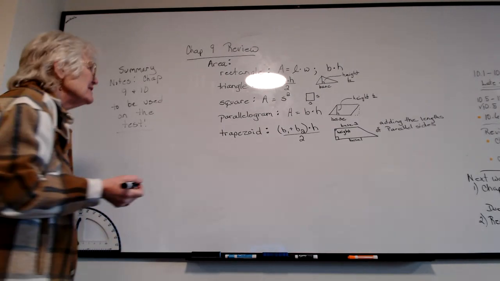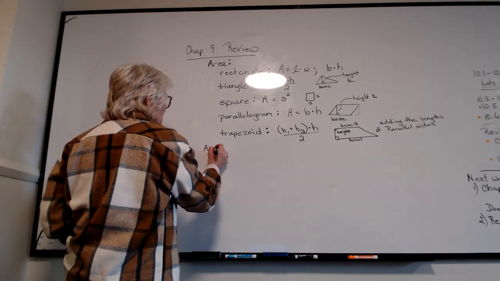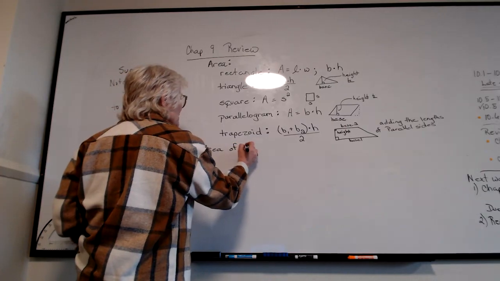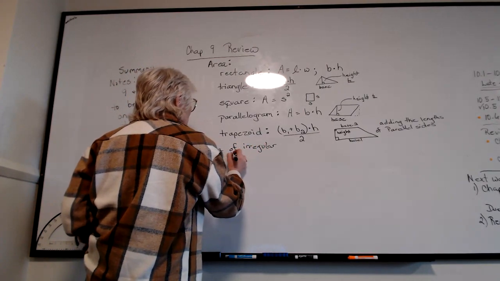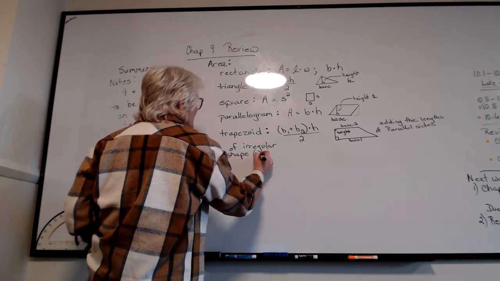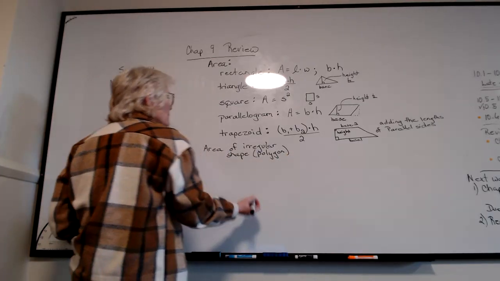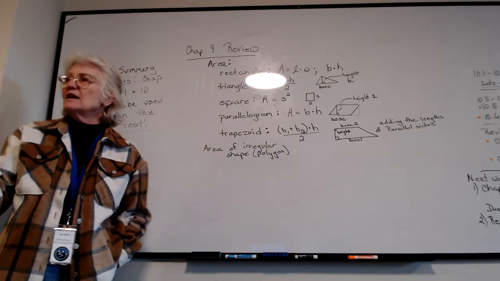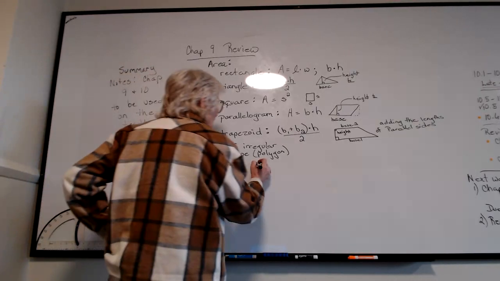The other thing in this section was basically that you can find an area of an irregular shape. That's a polygon, okay, by just splitting it into triangles and trapezoids or smaller figures.